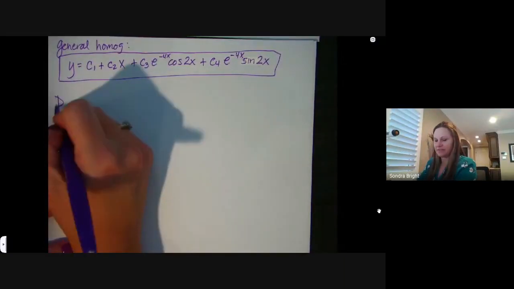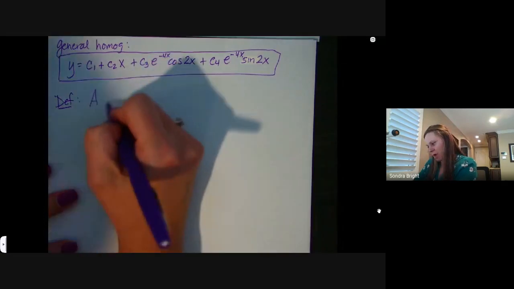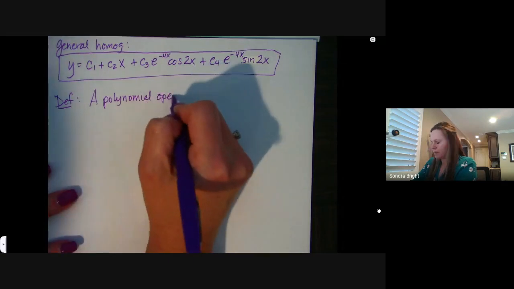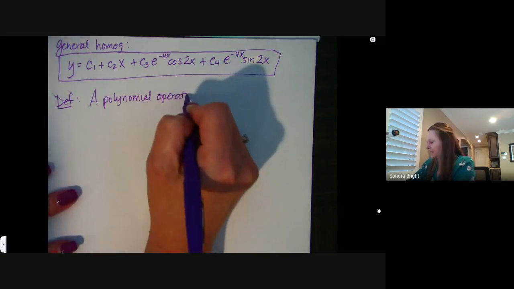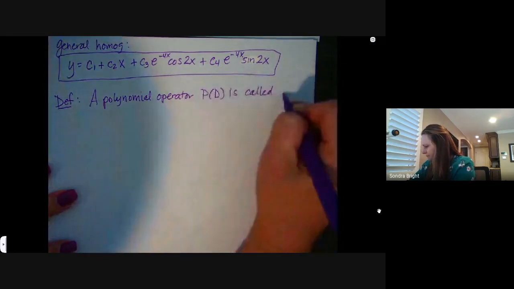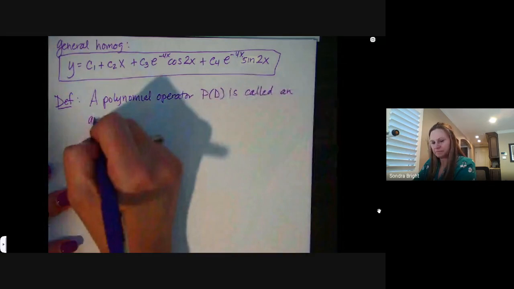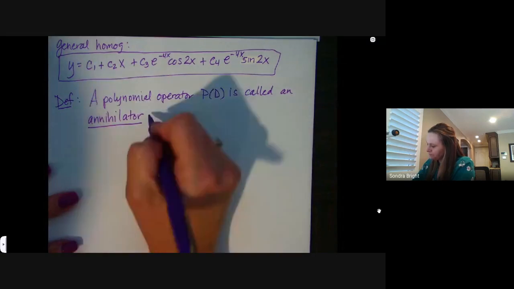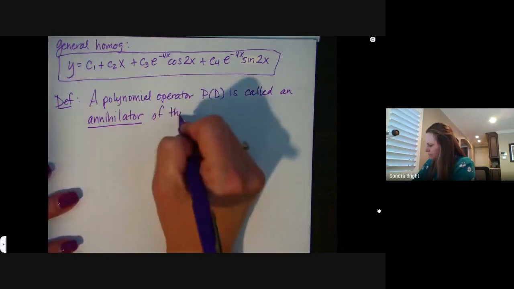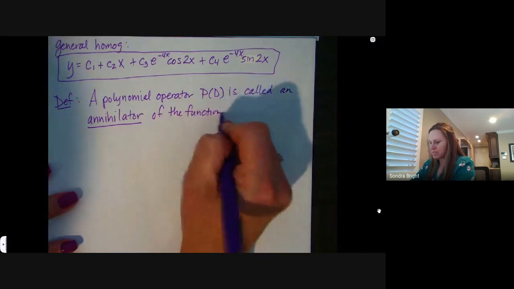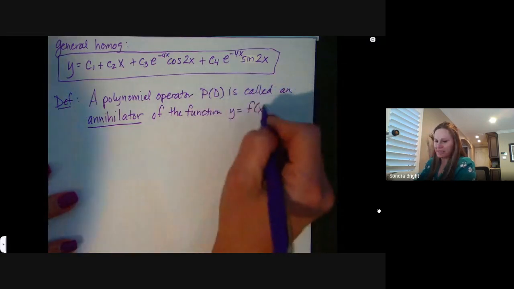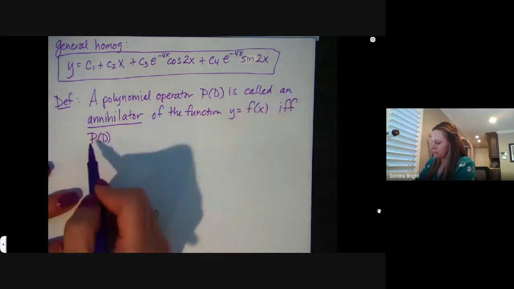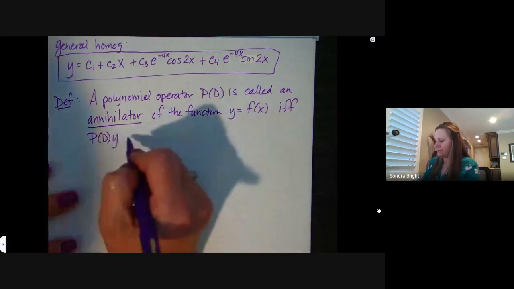A polynomial operator UD is called an annihilator of the function y equals f of x if and only if when that polynomial operator is operated on y, it annihilates it. It brings it to 0.